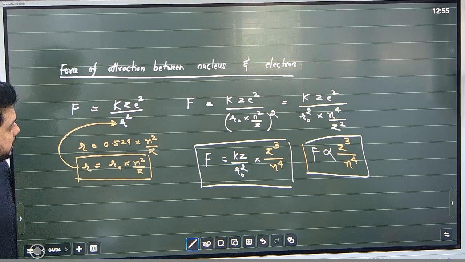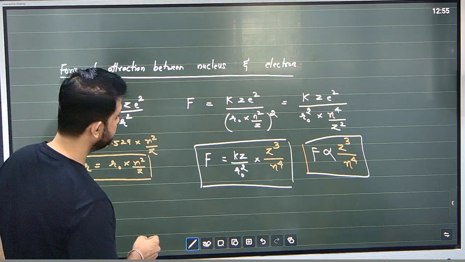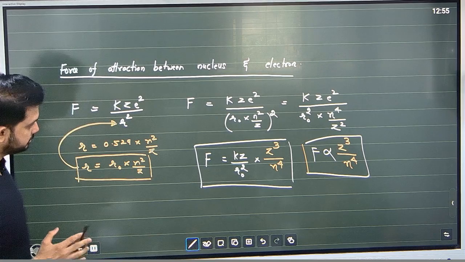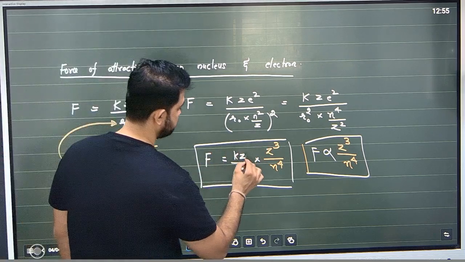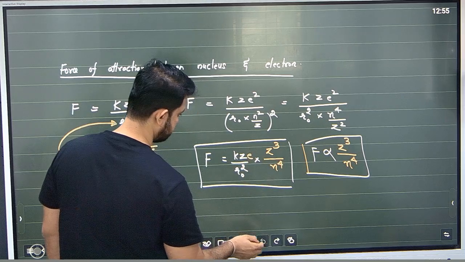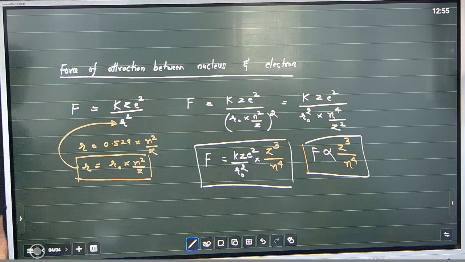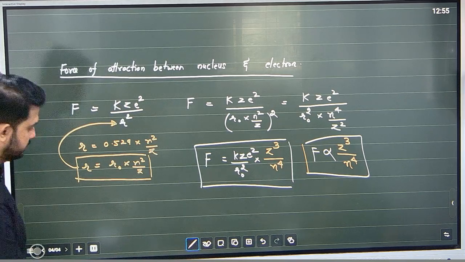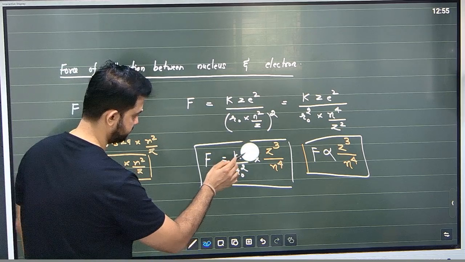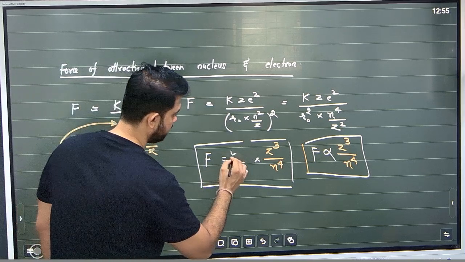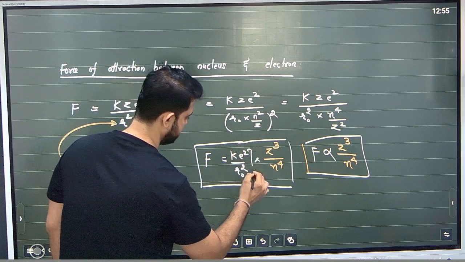I'm so sorry, did I miss something? Pardon me, yes, I missed e. K z e square. Sorry. K e square. Yes.